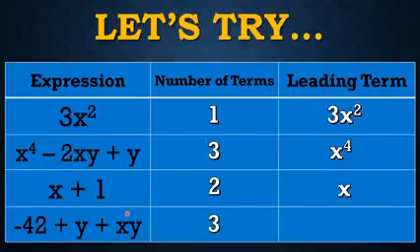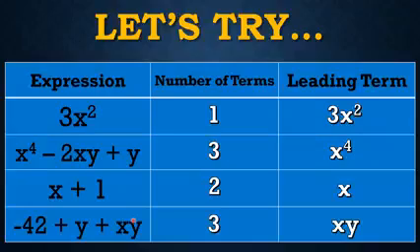So in negative 42, we have no exponent. In y, we have 1 exponent. In xy, so si x nag-hold ng 1 exponent, si y nag-hold ng another 1 exponent. Therefore, xy holds 2 exponent in total. Okay? So sino dito ang may pinakamataas na exponent? That is xy. So that means the leading term is xy.